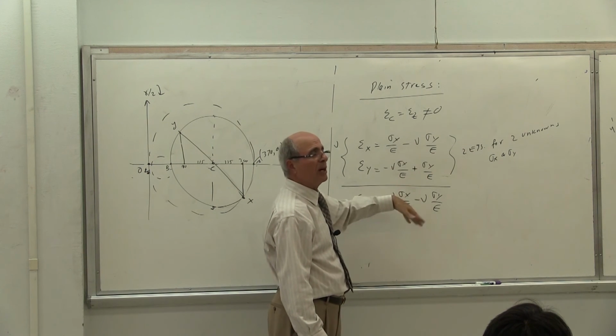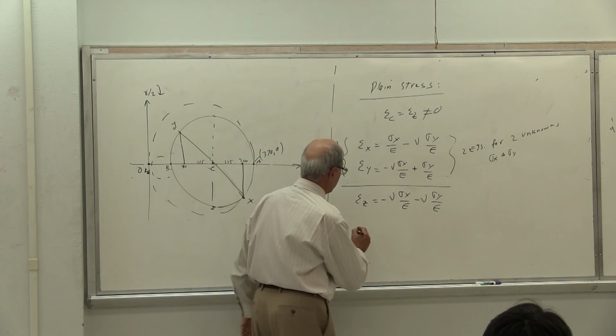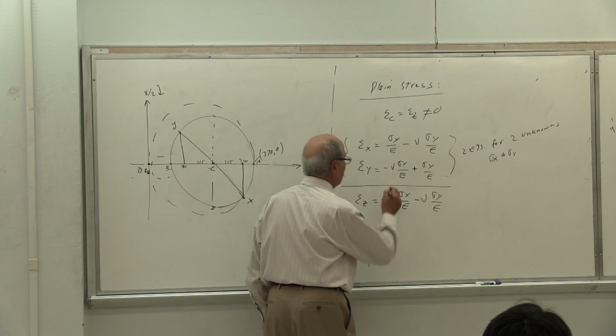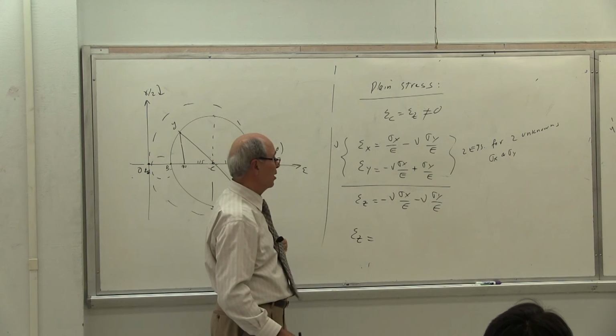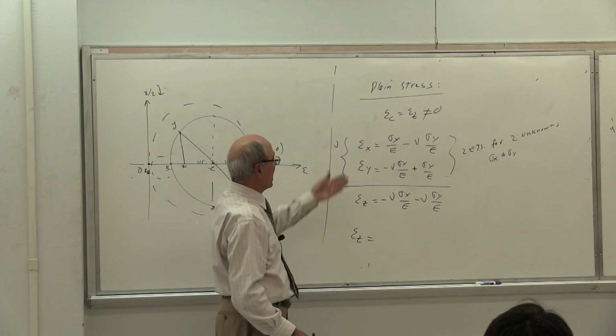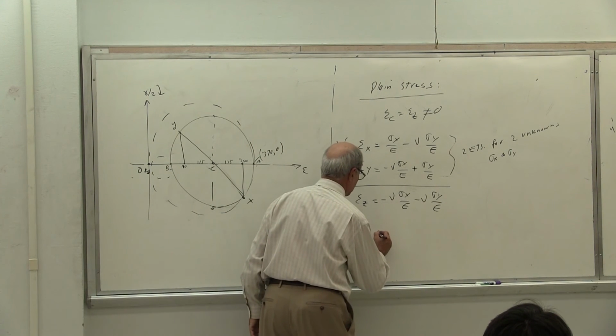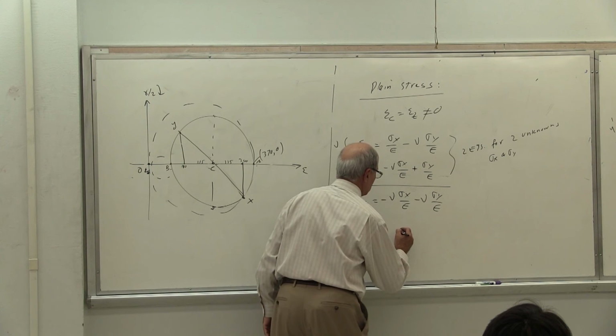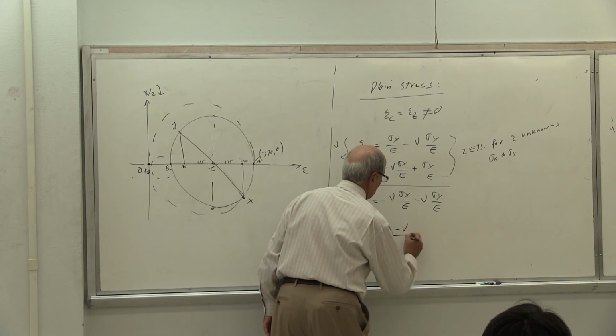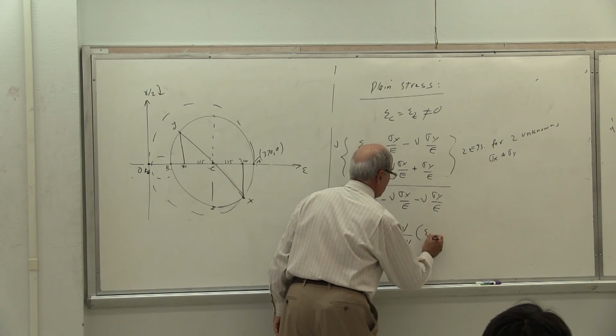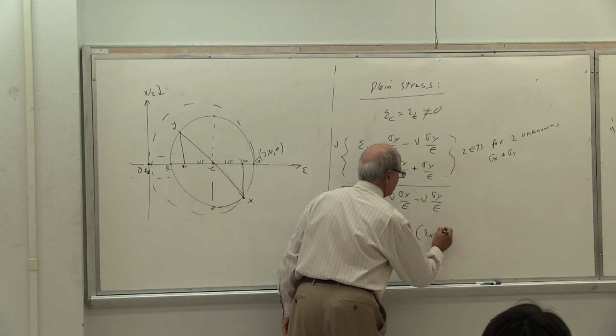Then we solve for sigma y, and then we put it back. Eventually, we get this equation. This is the result of eliminating sigma x and sigma y between these two equations and plugging in here, which in general gives you this equation. Epsilon z equal to epsilon c equal to minus nu over 1 minus nu times epsilon x plus epsilon y.